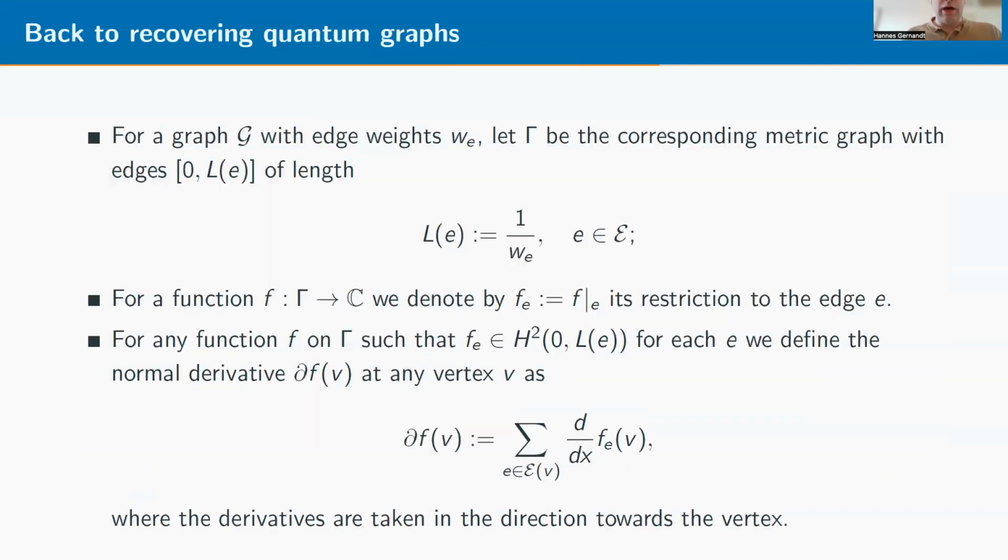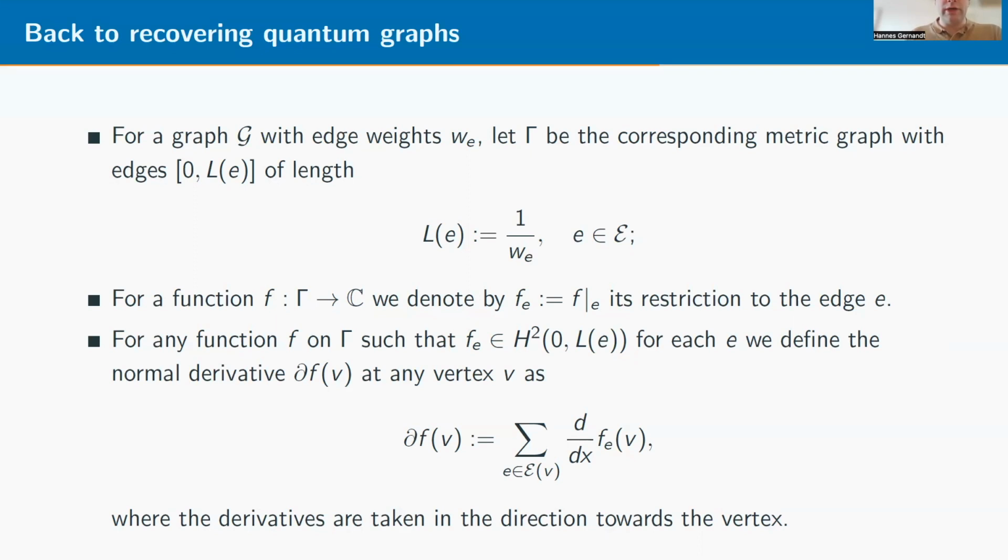So let me now come back to the quantum graph case. I will now, in a certain sense, build a bridge back to quantum graphs, to get the result for quantum graphs I showed you in the beginning. If we have a graph with weights w_e, then we consider the corresponding metric graph, where we now view the edges as intervals, and the length is then 1 over w_e, the weights.